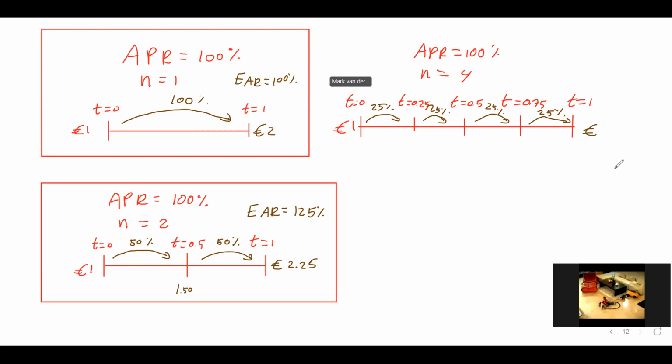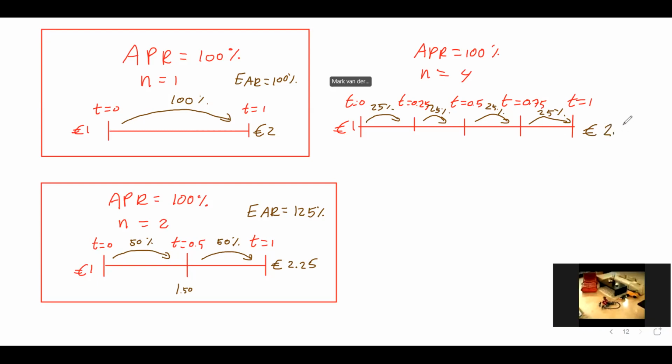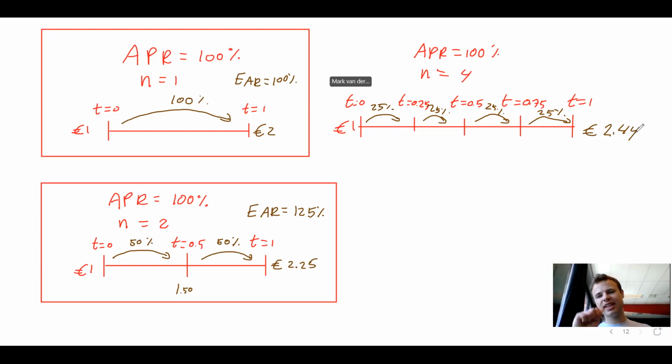The answer? Yes, but what do you get? 2.44. Yes. So what you see is that the higher the N, the higher the effective annual rate will be.